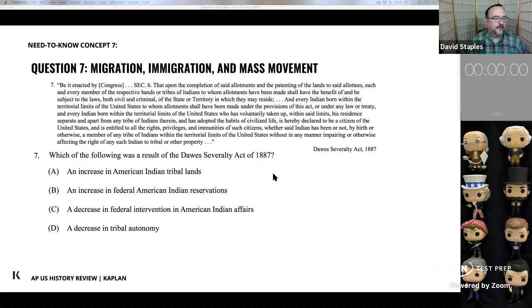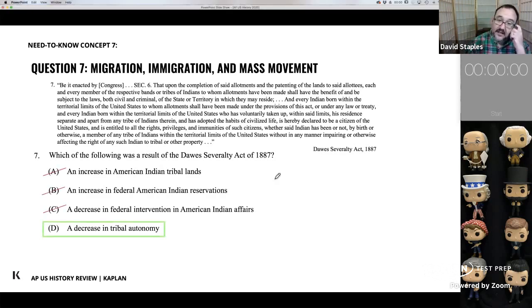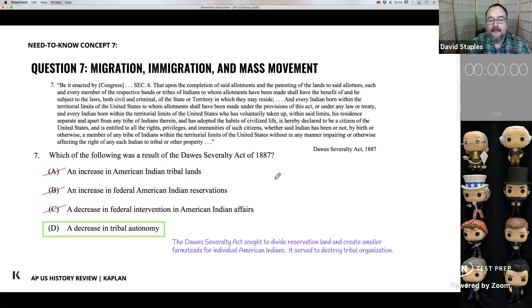Which of the following was a result, judging from your answers to the previous question? It is definitely going to be answer choice D, the decrease in tribal autonomy. What the Dawes Act was basically doing was trying to force the American Indians to be assimilated into American culture, trying to destroy the tribal organizations and the way things had been done.